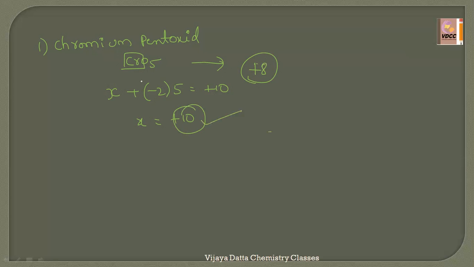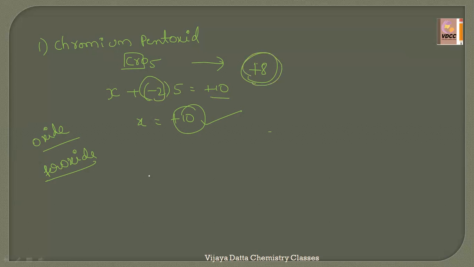While oxygen is present in the compound, we have to be careful. Oxygen is attached to the metal either in the oxide state or in the peroxide state, and we have to check. Here, all the oxygens you have taken as minus 2, but you are getting plus 10, but the maximum oxidation state is plus 8 only.